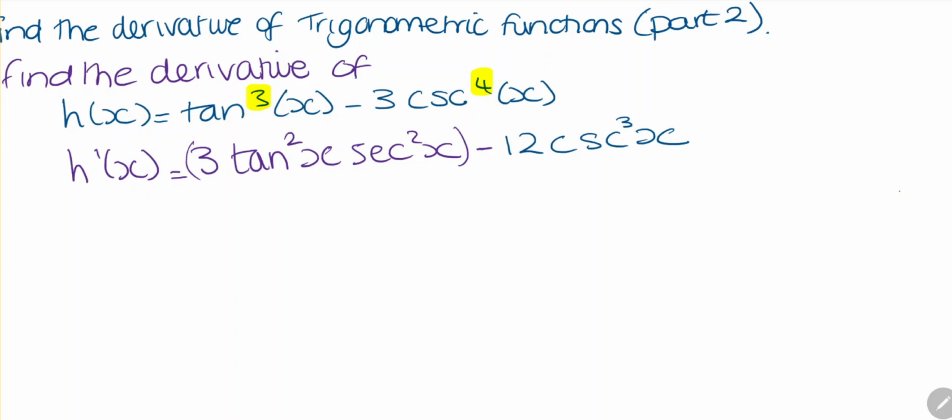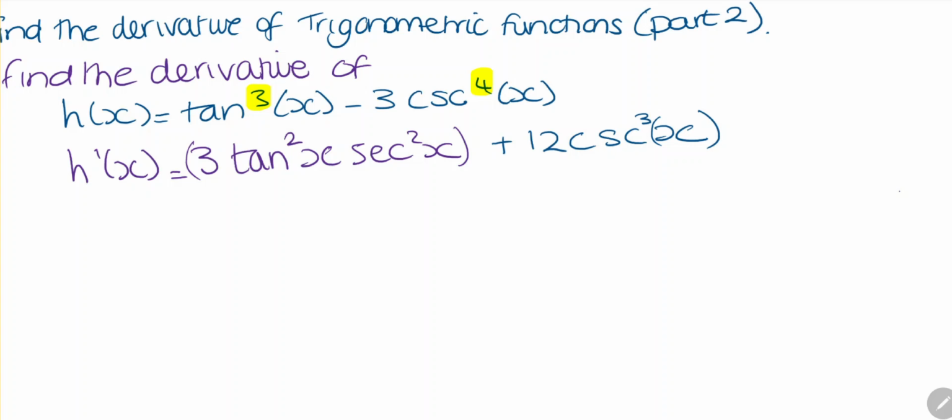But cosecant is negative, so it's minus 12 multiplied by a minus, because this is minus 1. So this can be rewritten as plus 12 cosecant of x.